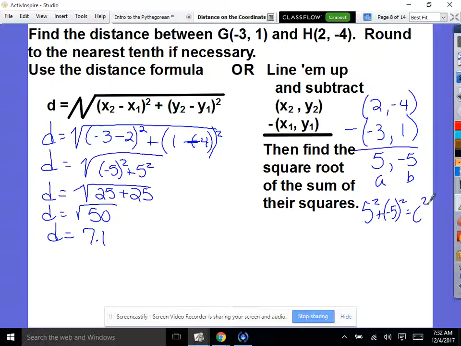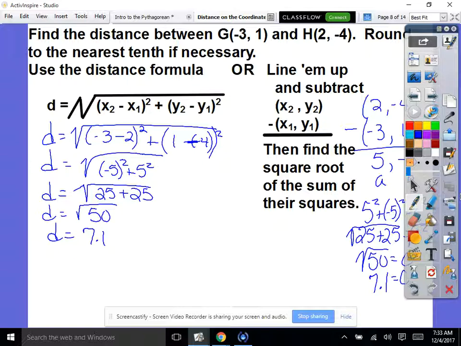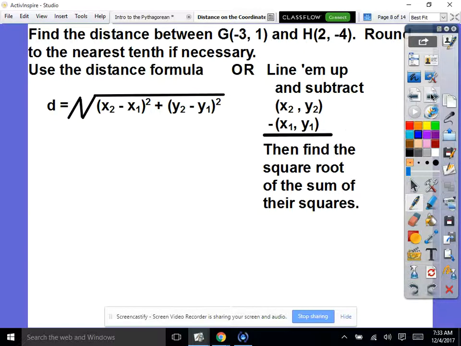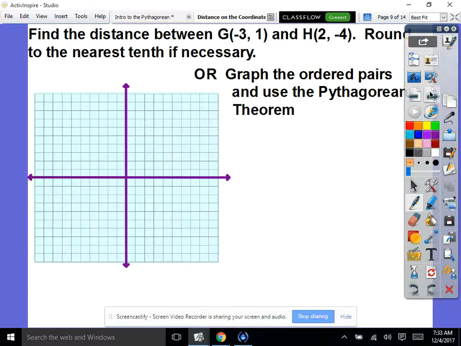You can see we have the same thing set up, except that we're going to take the square root at the end. So 25 plus 25 equals C squared. We take the square root of both of those. So the square root of 50 equals C. C equals 7.1. And yes, I do expect to see all of this work, one or the other method.